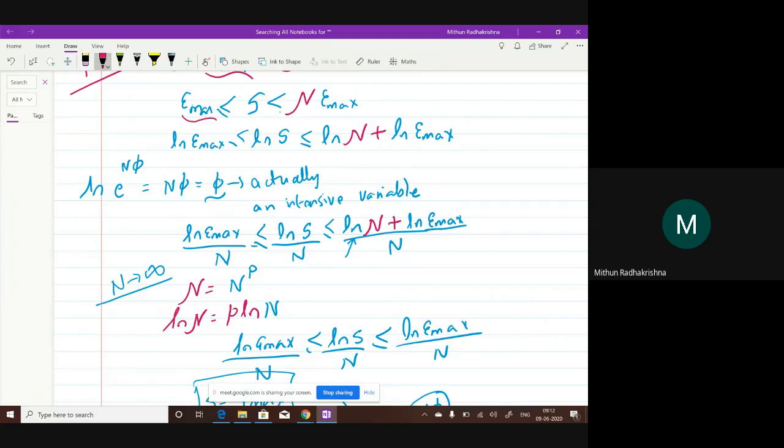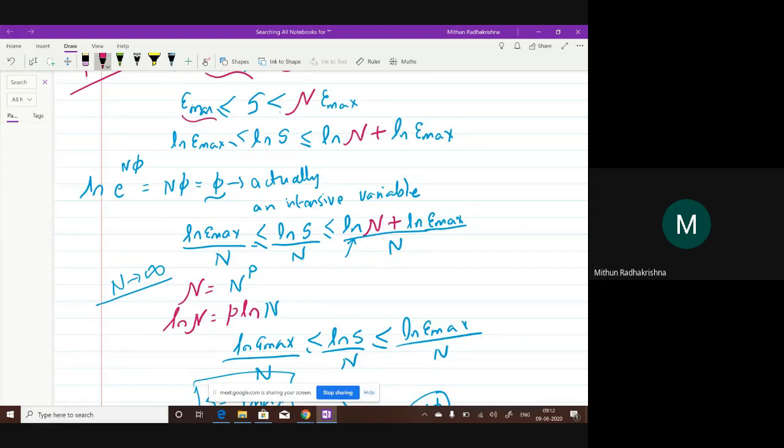When all the terms are equal to epsilon max. So S is bound by epsilon max on the left hand side, lower bound, and capital N, the number of terms, times epsilon max on the right hand side. Okay, all the terms are positive, remember that.